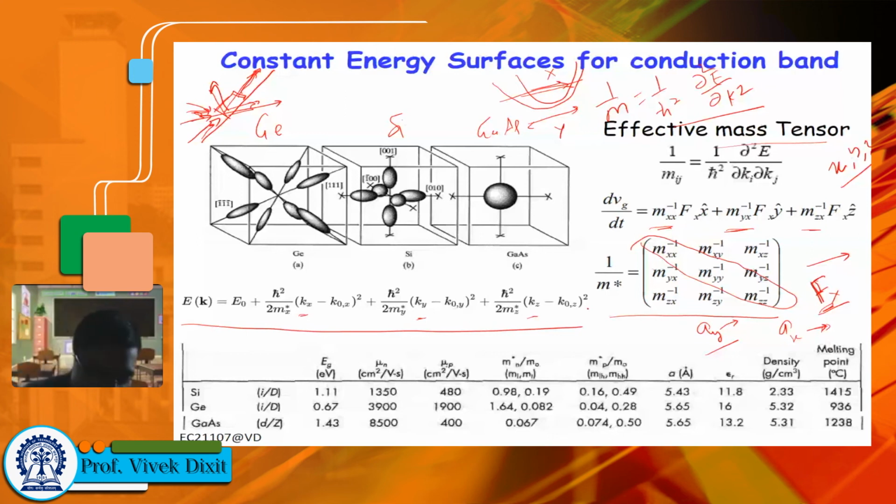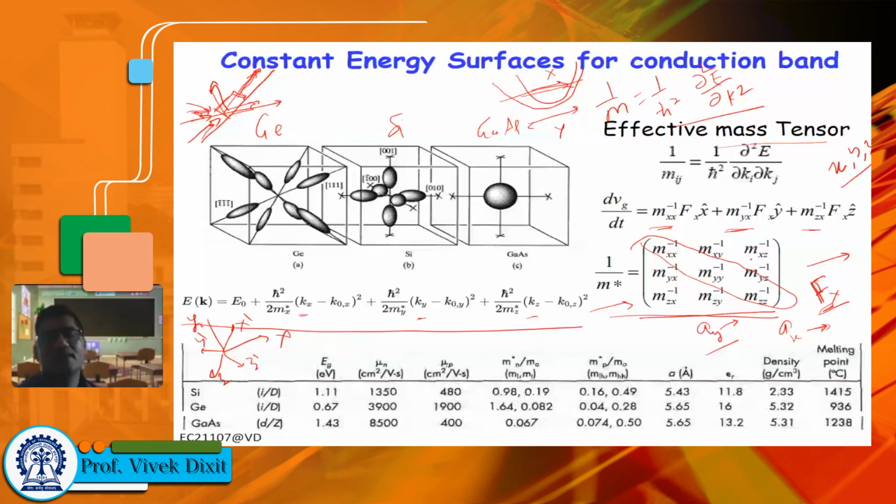If you change the frame, let's say you define your x, y, z to be some other thing. Let's say this is x, this is y, this is z, right? So this is your x prime, this is your y prime, this is your z prime. So if you calculate this effective mass tensor along this x prime, y prime, z prime frame, then all the elements, it will not be a simple diagonal matrix.